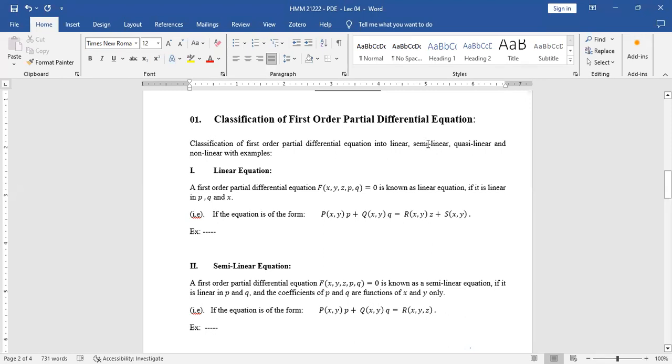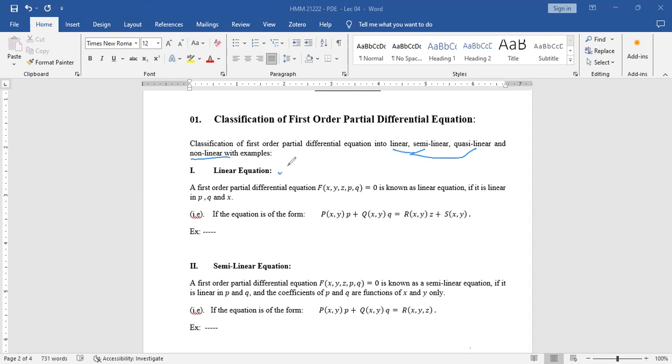First of all, we need to know what linear equations are, and linear can be divided into semi-linear and quasi-linear. If it is not linear, we call it non-linear. So let's see the proper definition first.